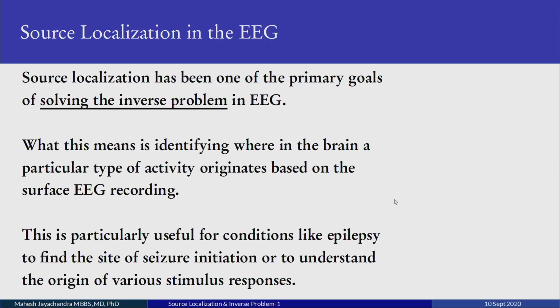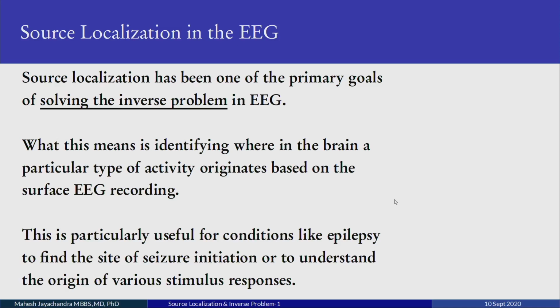So source localization in EEG has been one of the primary goals, to solve this inverse problem. What this means is identifying where in the brain a particular type of activity originates, based on the surface EEG. And this is useful particularly for conditions like epilepsy, because in epilepsy you have this kind of jerking, very fast rhythmic movements, and they imply hypersynchronization of pyramidal neurons, for example, all firing together in synchrony.